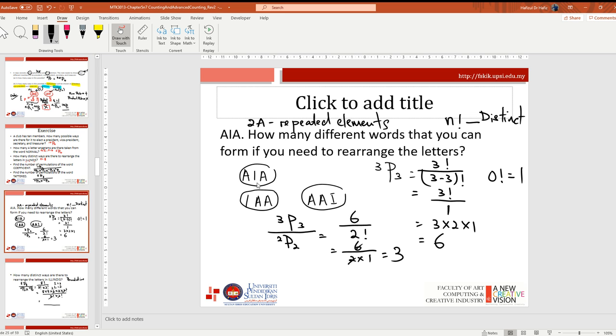We have AIA, then IAA, and AAI, so 3. For n and r it is also 3, so we have 3 factorial divided by 2 factorial, which is 3. Also if you choose the permutation, n factorial divided by (n minus r) factorial, 0 factorial is equivalent to 1. So we got 6.